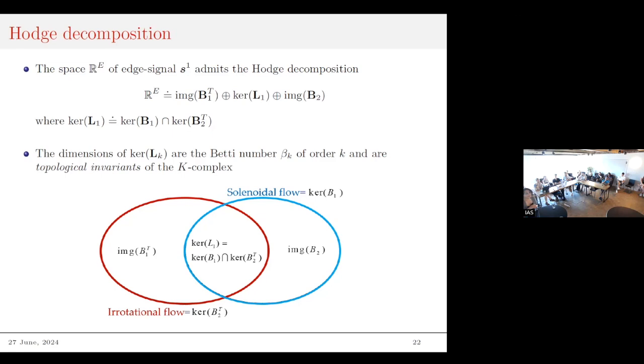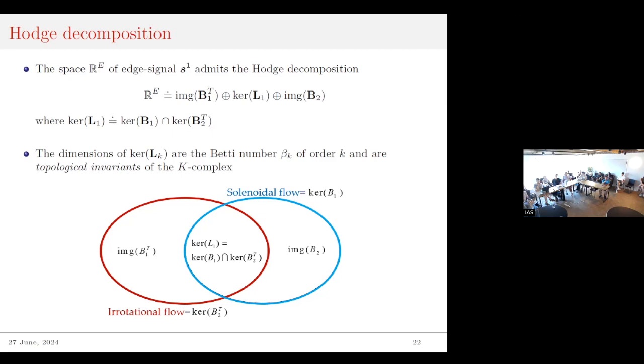Or we have the other part that is the solenoidal flow, for which we have circulation along the second order cell. Or the harmonic flow, for which we are able to detect holes. We have signals that are both solenoidal and irrotational. The divergence is equal to 0, the circulation is equal to 0, but these harmonic flows are able to identify holes in the topology.